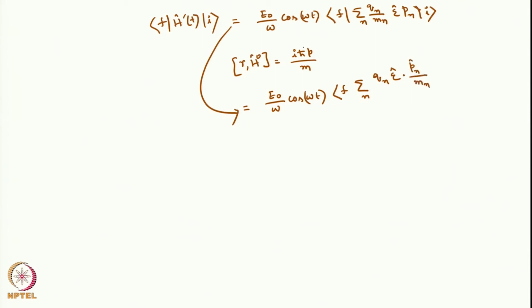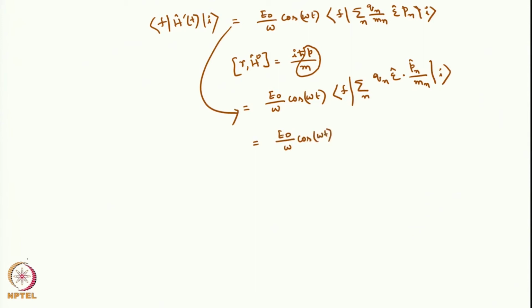So, p n by m n is, so this is nothing but E naught by omega cos omega t.